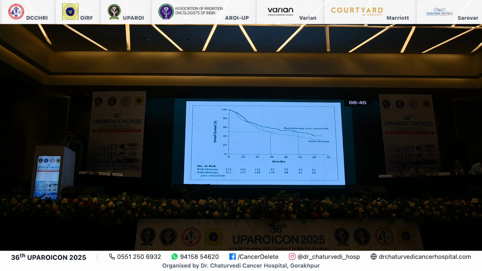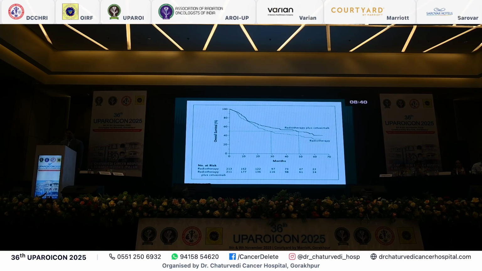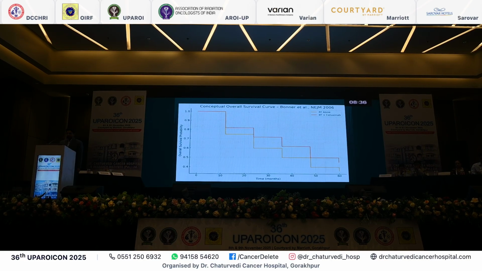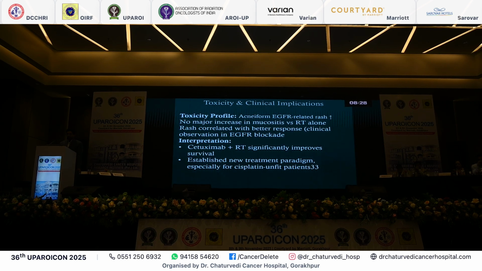Here we can see the improvement in the overall survival incorporating cetuximab with the radiotherapy. Here is the conceptual overall survival curve. And there was no major change in the toxicity with using cetuximab.